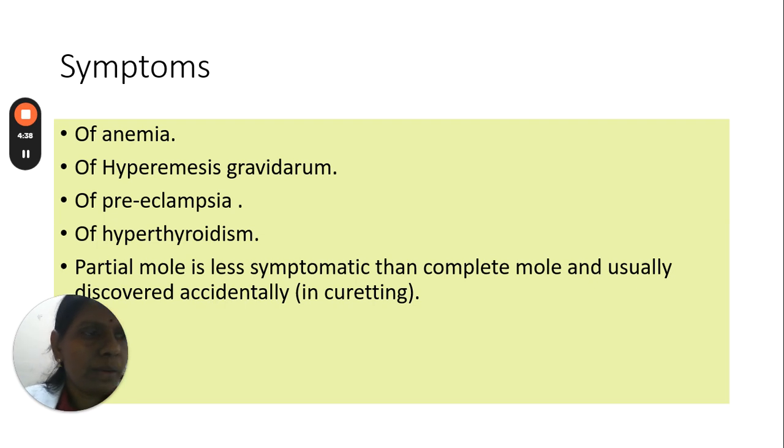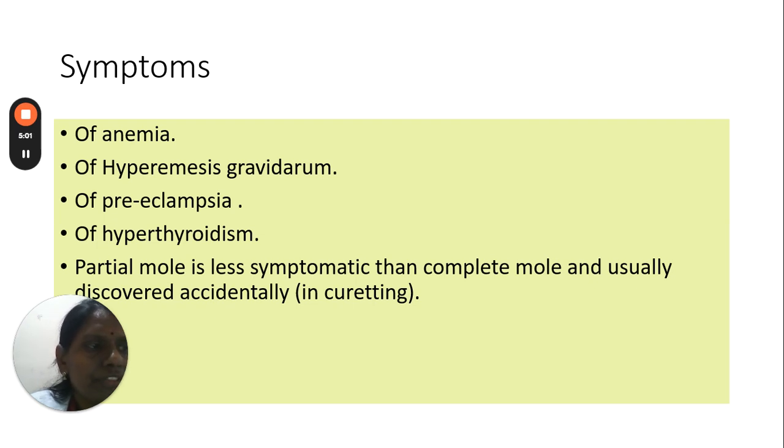In partial mole, vaginal bleeding can also be seen, uterine size is smaller than the dates, theca lutein cysts are rare, medical complications are also rare, and post-molar gestational trophoblastic neoplasia is seen in 2.5 to 7.5% of cases.